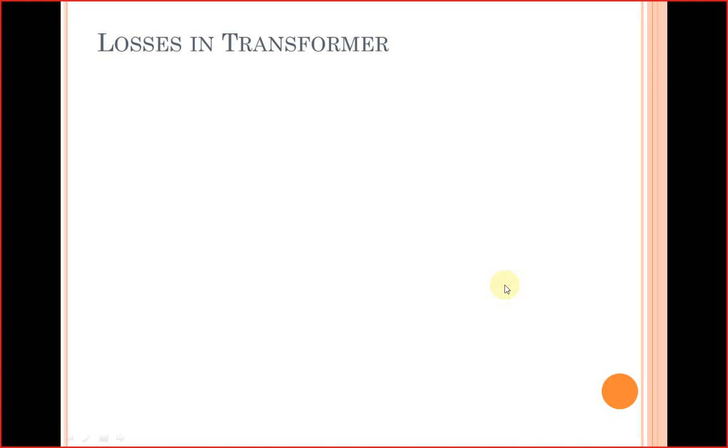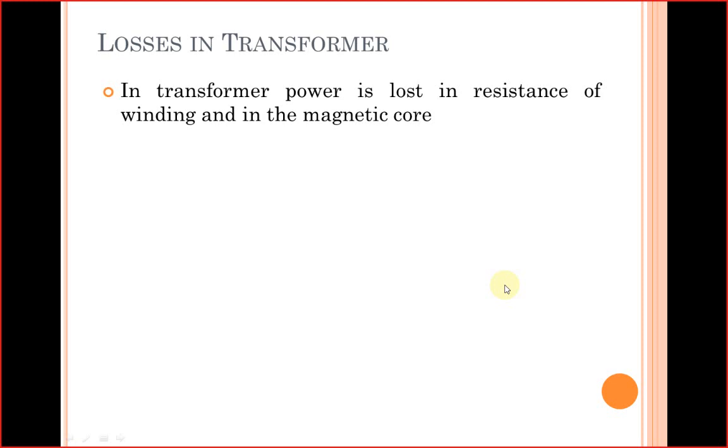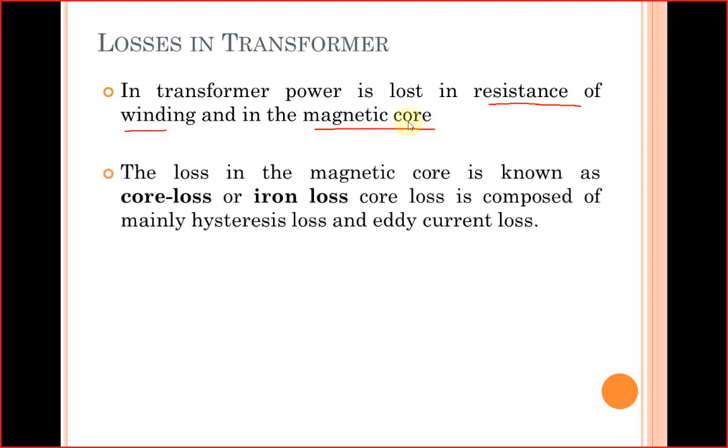So let's discuss the losses in transformer. In a transformer, there are power losses due to resistance of the winding and also due to the magnetic core. So resistance in the winding and magnetic core results in losses in the transformer. Now what are these losses basically?